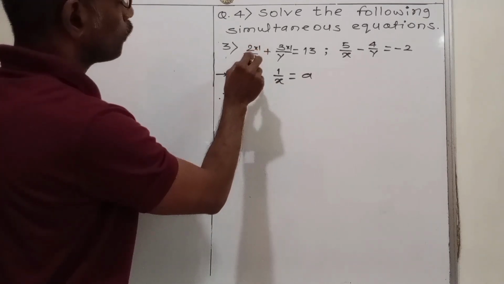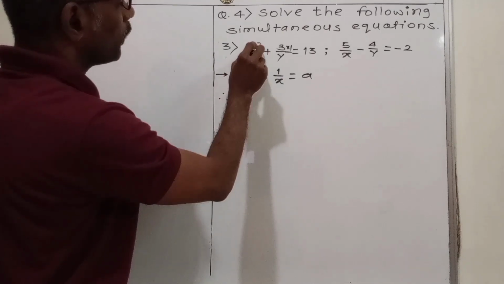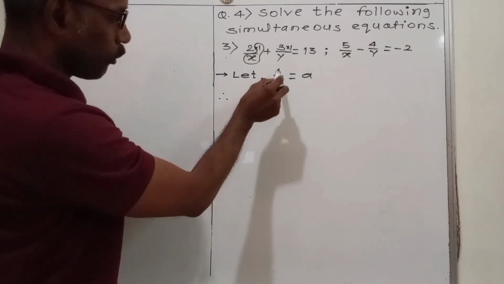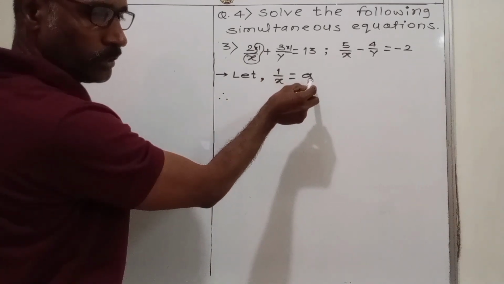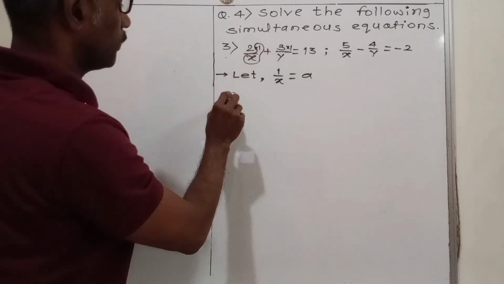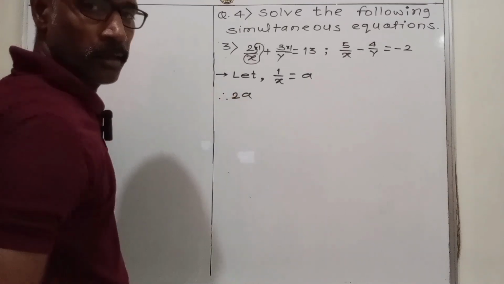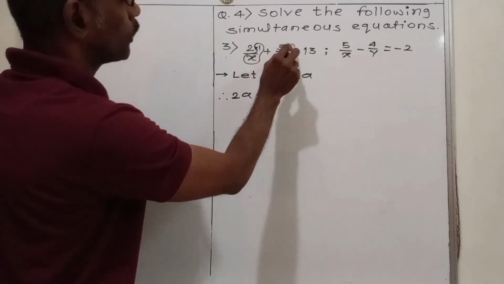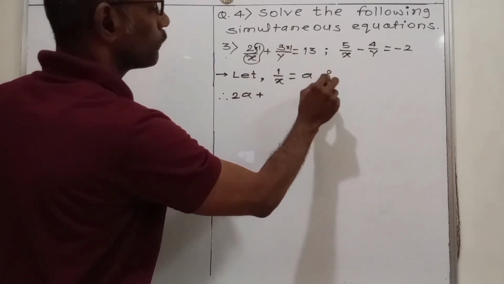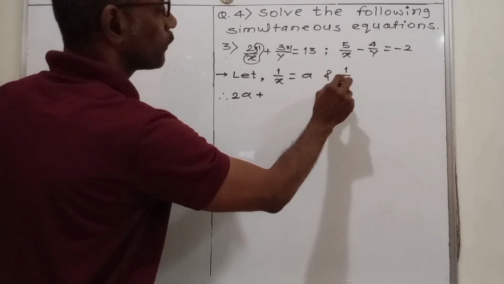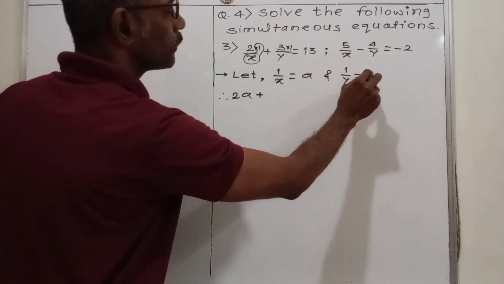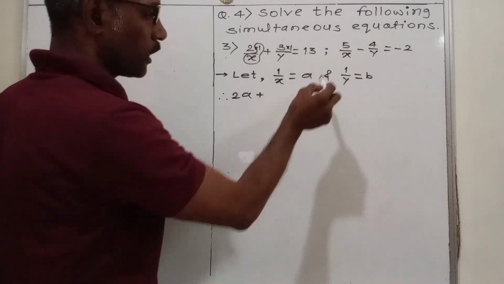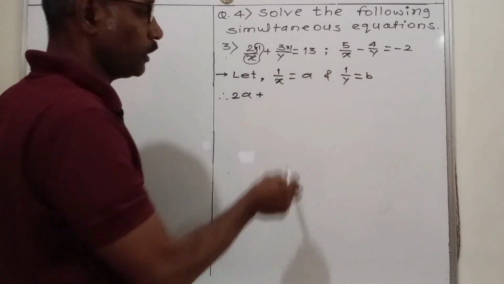Therefore, see this. Instead of 1 upon x, what do we write? a. Instead of 1 upon y, we write b. Let 1 upon x is equal to a and 1 upon y is equal to b.